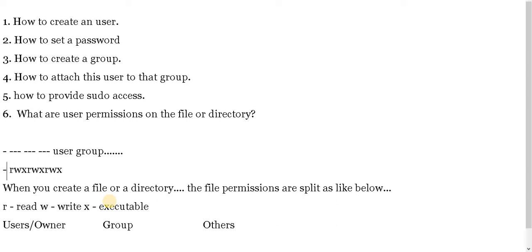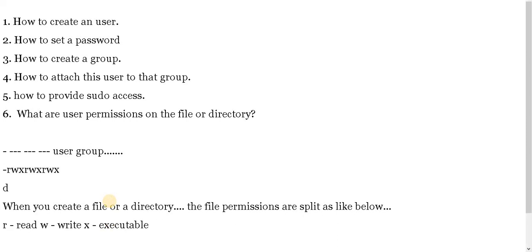This denotes whether it's a file or directory, and the first three characters denote read access, write access, and executable access for the user or the owner. The next three letters RWX are the read, write and executable access for the group, and the last is others, the users who are not the owner or who do not belong to this group, are all segregated to others, and that access we are going to provide here.